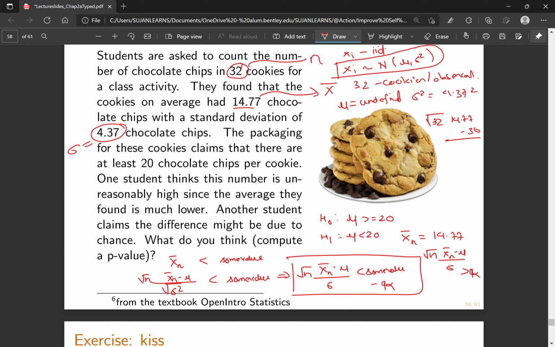Let me calculate here. Square root of 4.37 is equal to 2.09.